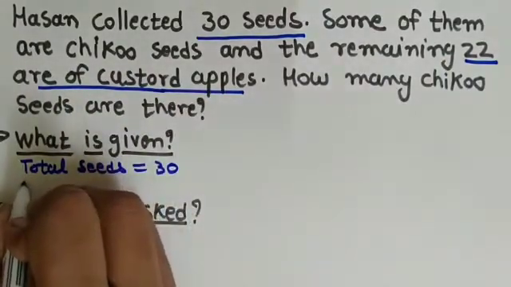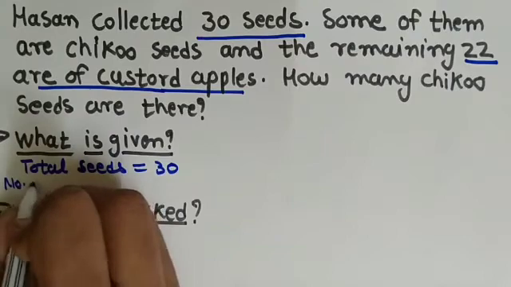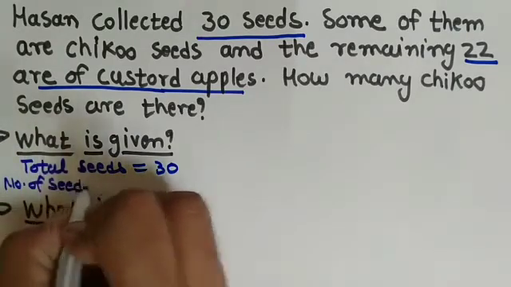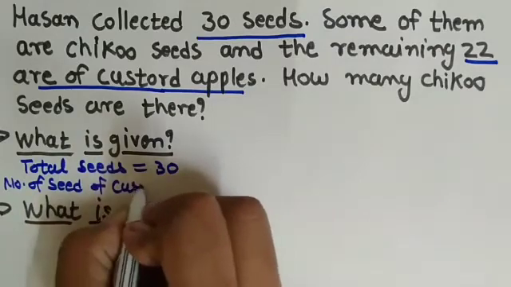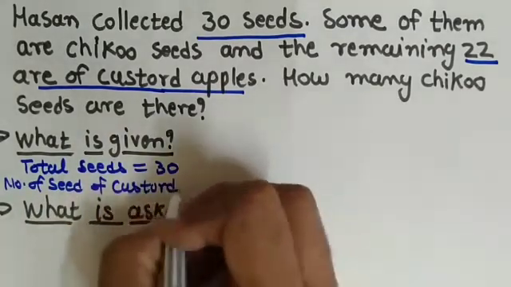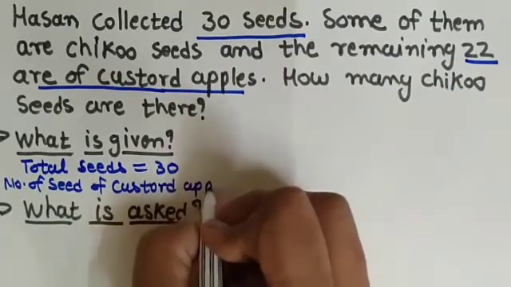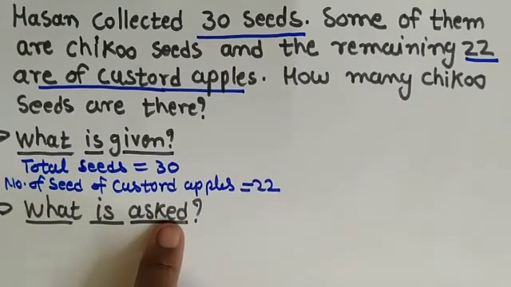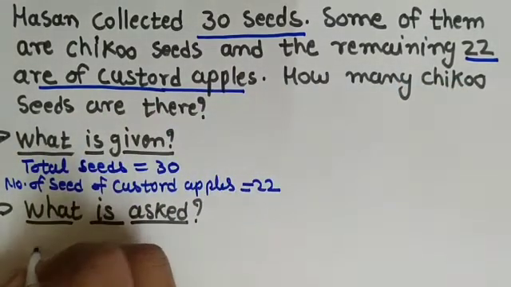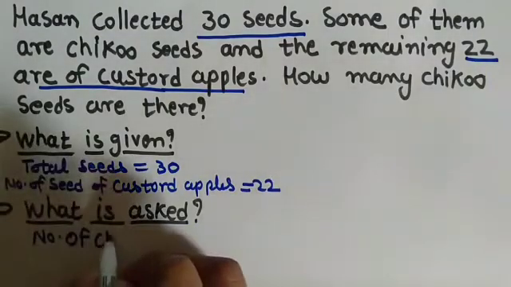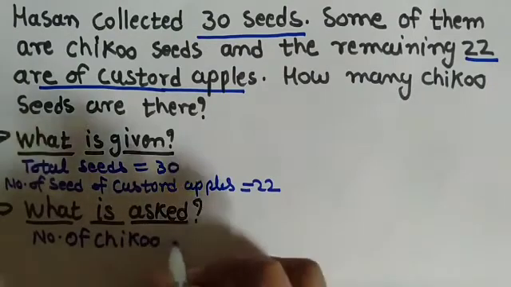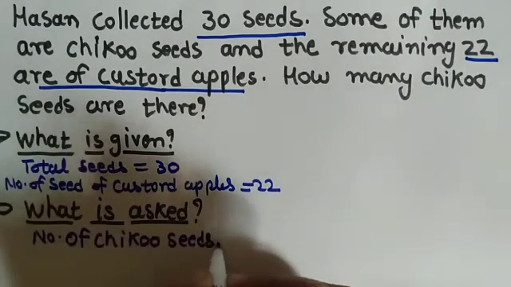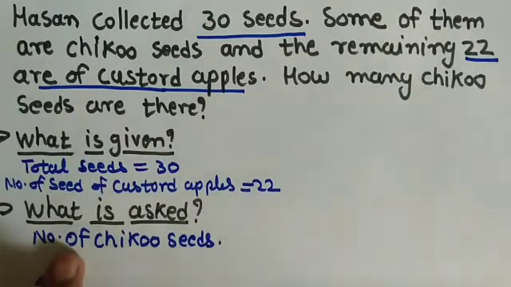Means number of seeds of custard apple equal to 22. And what is asked? How many chiku seeds are there? So write here number of chiku seeds. You have to find out the number of chiku seeds we have.